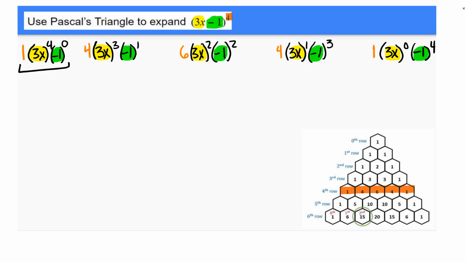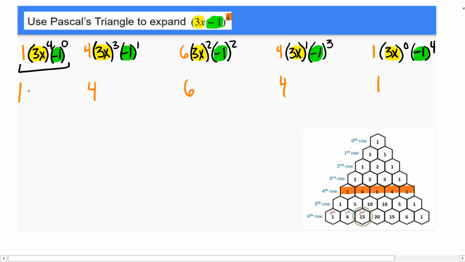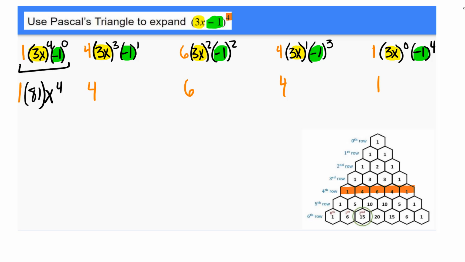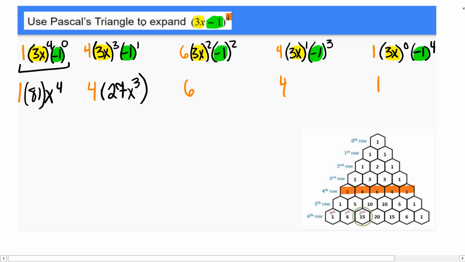Our first term is 3x as a product to the power of 4, which is 3 to the power of 4 times x to the power of 4. 3 to the power of 4 is 81, so that should be 81. 3x as a product being cubed would be 27x cubed times a negative 1. This negative 1 is part of the product.